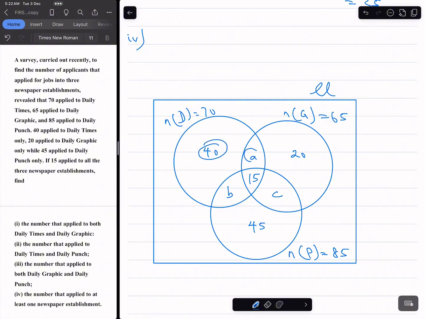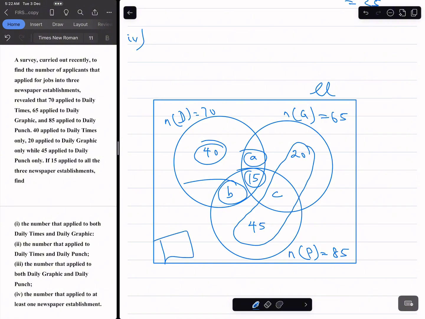That's 40 plus A plus 15 plus B plus 20 plus C plus 45. There was nobody who didn't apply to at least one of the newspaper establishments. So that's the trick. Add everything inside one circle first before adding the rest, so that you don't add anything twice. If there's anything outside, you add it, but here there's nothing outside.